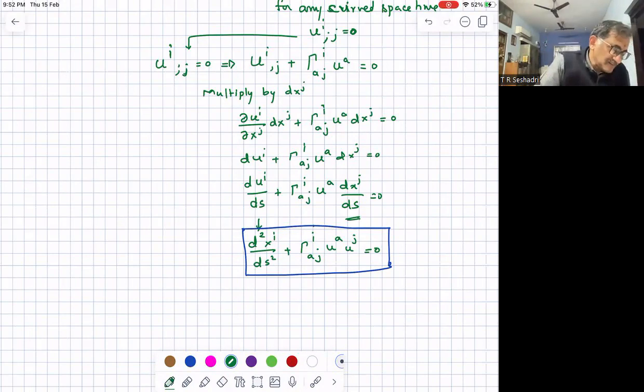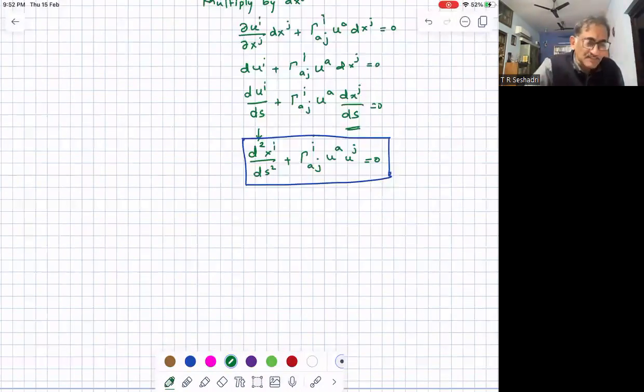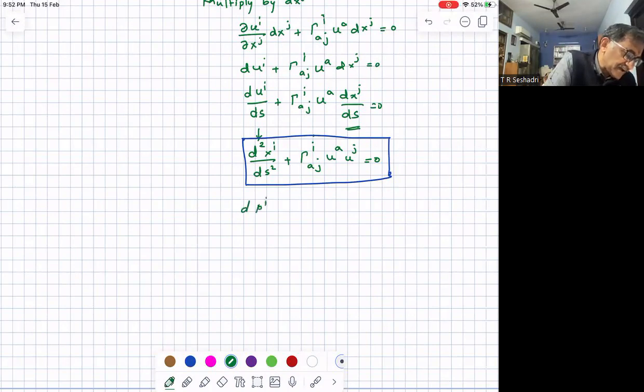And if I now multiply by the mass, which, as I said, is only the rest mass, this will be dp^i/ds.